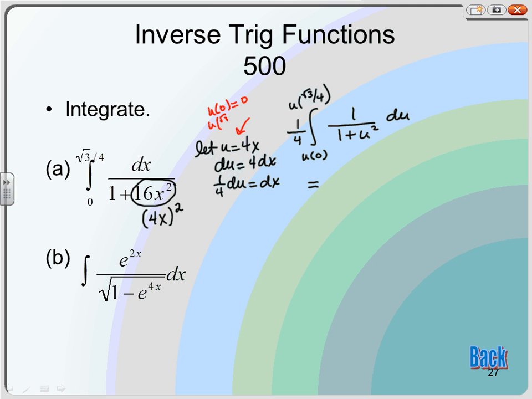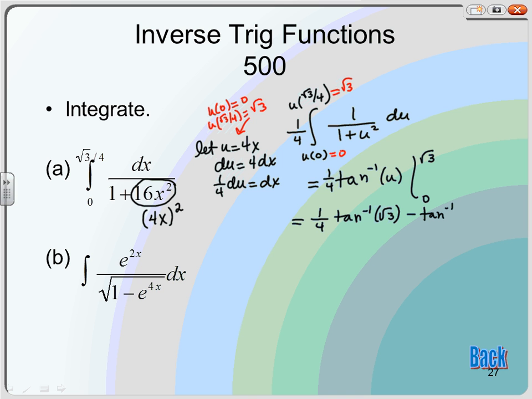U of square root of 3 over 4 is 4 times square root of 3 over 4, which is square root of 3. So this is going to be 1/4 inverse tangent of u going from 0 to square root of 3. So it's 1/4 inverse tangent of square root of 3 minus inverse tangent of 0.